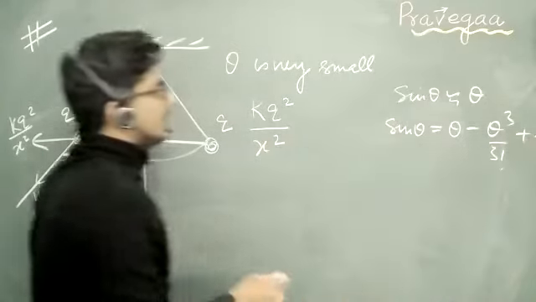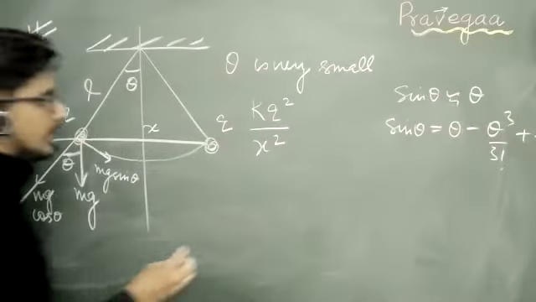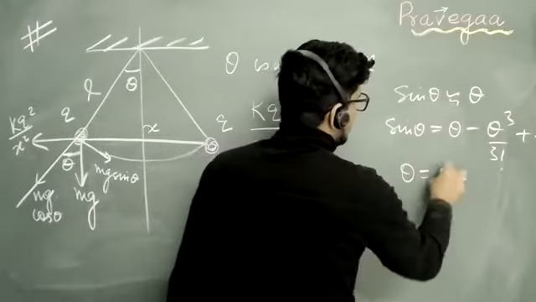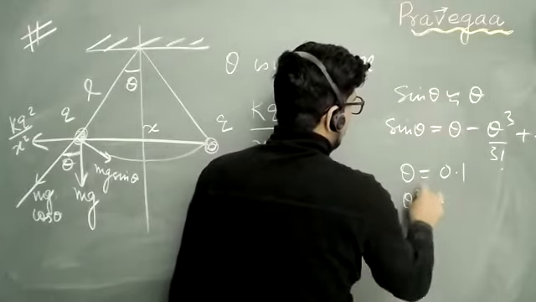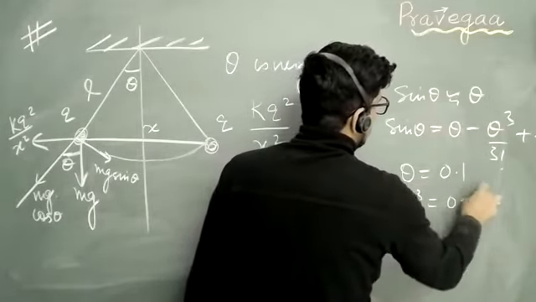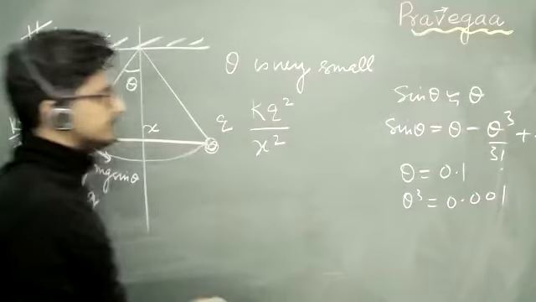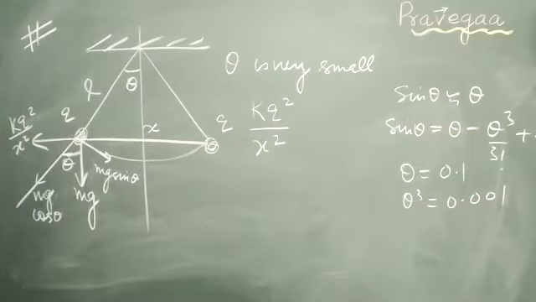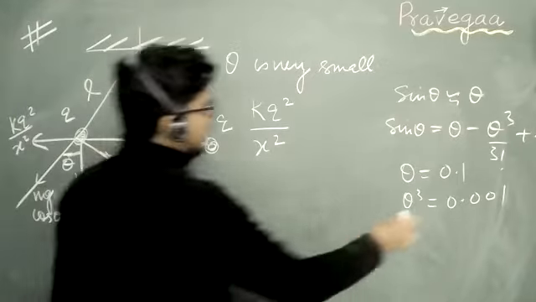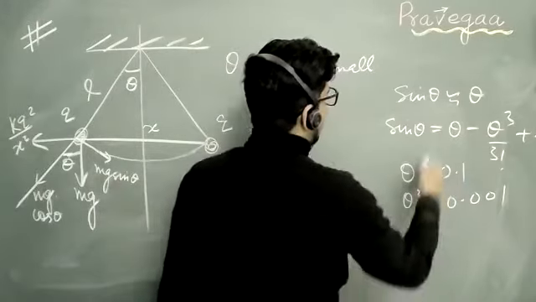So if theta is small, theta cube is very, very small. For example, if theta is 0.1, then theta cube is 0.001, right? So this is very, very small, so that's why I will be neglecting this.